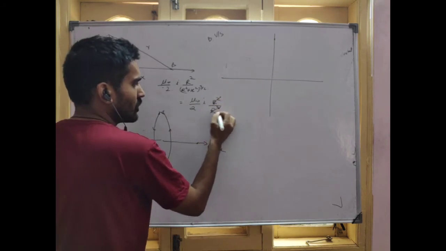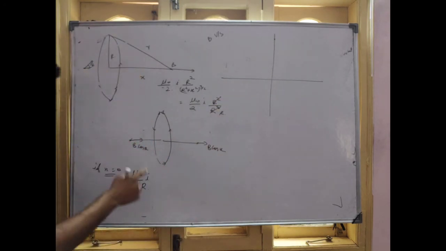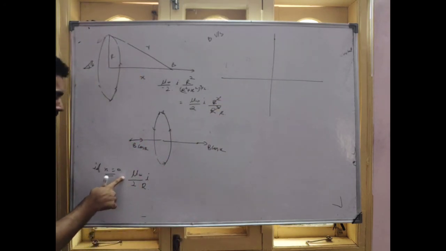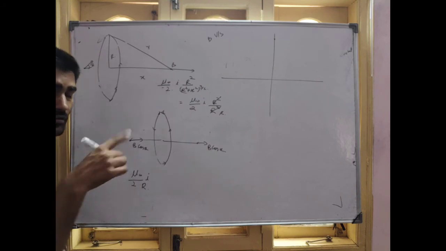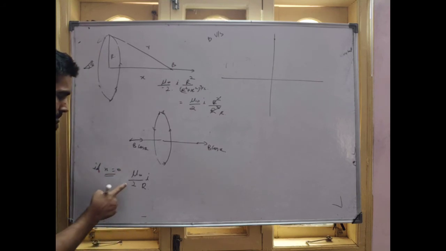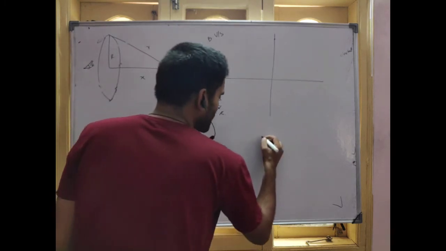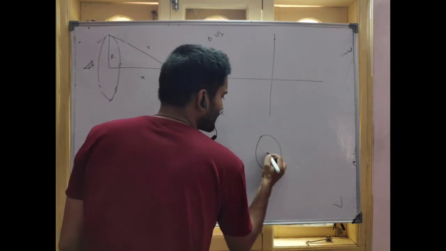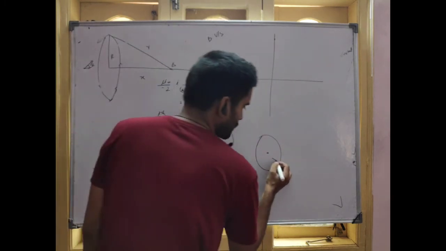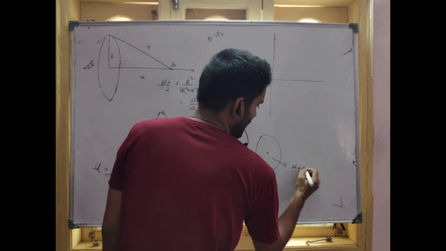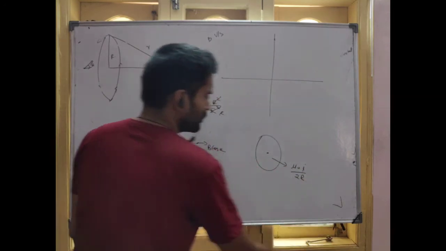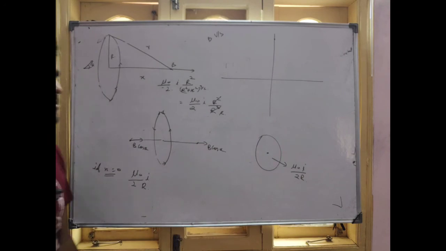So one R will be cancelled, R square will be cancelled, and you will get mu naught I by 2R. Don't you feel this is the magnetic field of the circular loop? What is the magnetic field at the center of the circular loop? It was mu naught I by 2R. Do you remember? Yes or no?